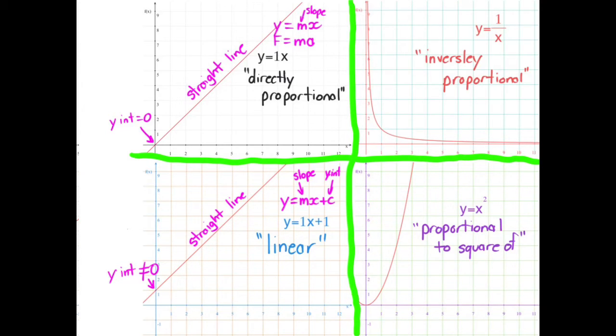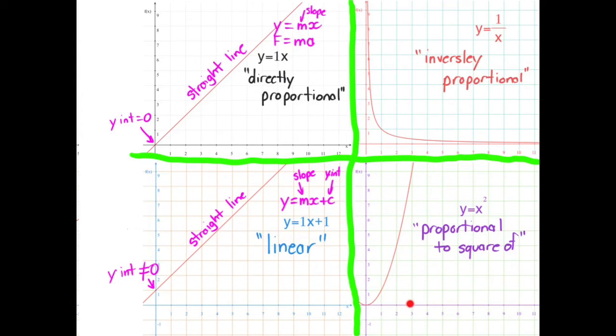So that's basically the behaviour of an inversely proportional relationship, which we showed by calculation on the previous slide. And finally, if we have a proportional to the square of relationship, if I double x, I get 4 times, so 2 squared, a 4-fold increase in y.